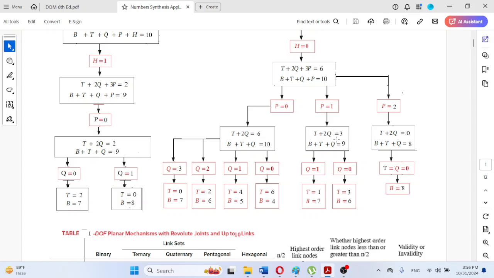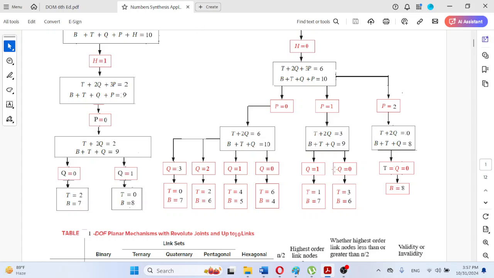That means 3 minus 4 will be equal to minus 1, so t will be equal to minus 1, which is impossible because none of the links can assume a negative value. Links are always physical links and they are a positive count, so their value cannot be negative in any case.